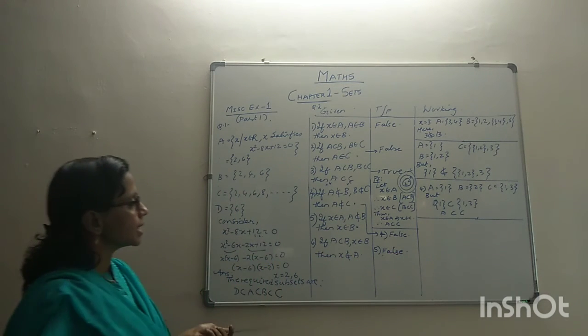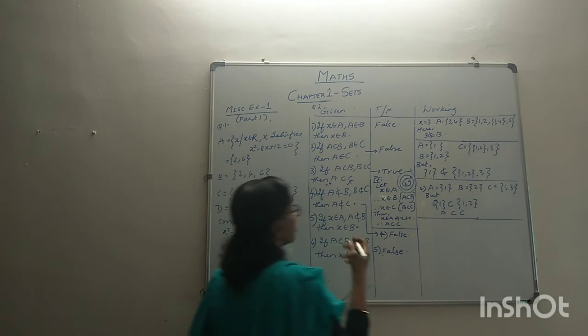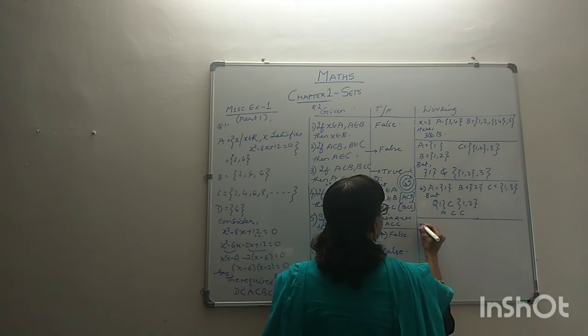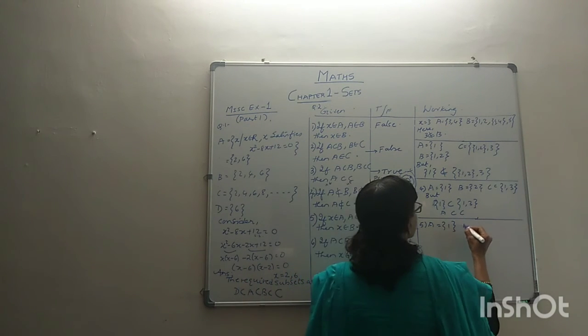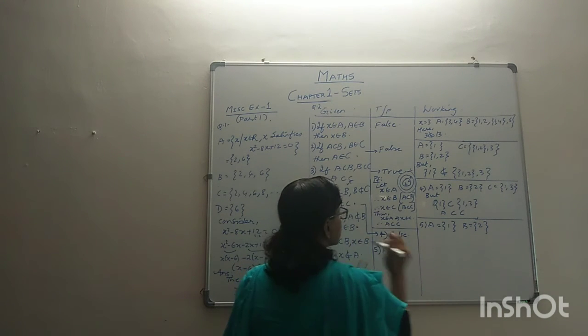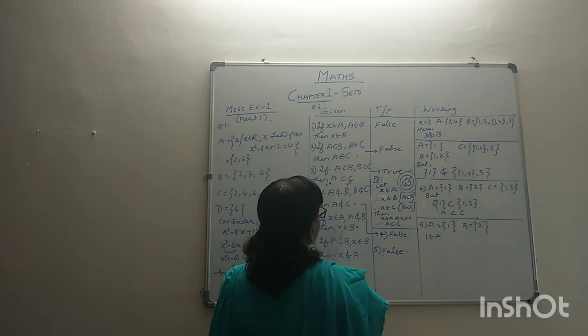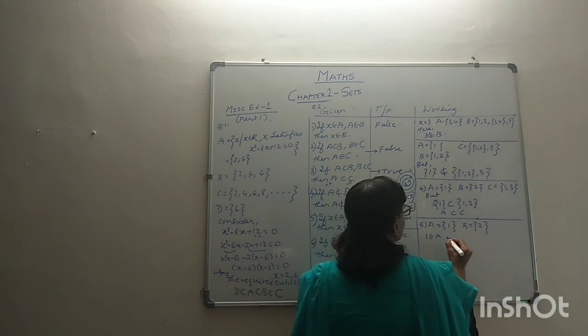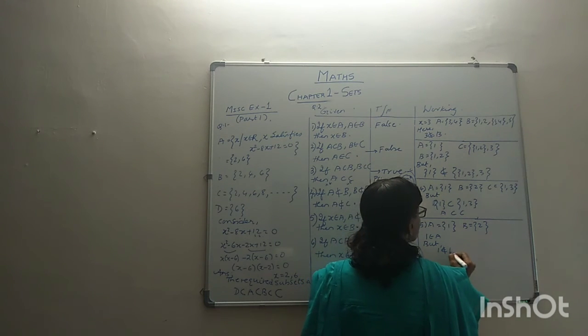We'll take a set A and a set B. Say A is {1}, and B is not a subset of B, so maybe B is the singleton {2}. X belongs to A, that means 1 belongs to A. Then 1 belongs to A, but 1 doesn't belong to B.